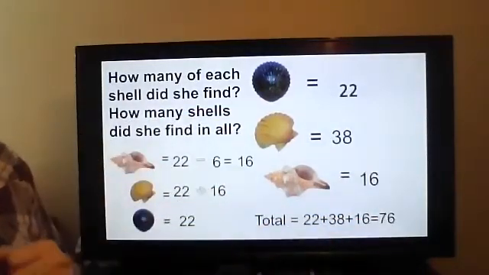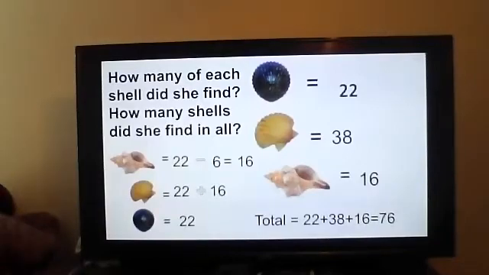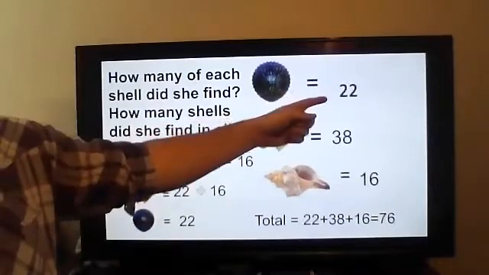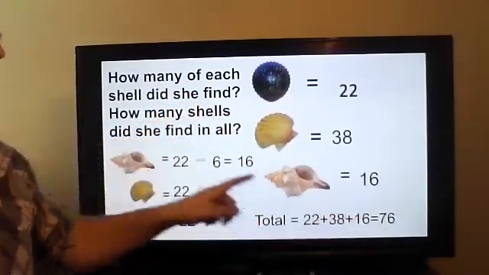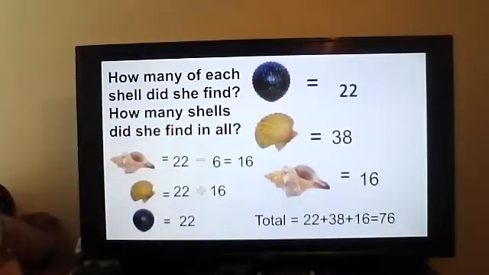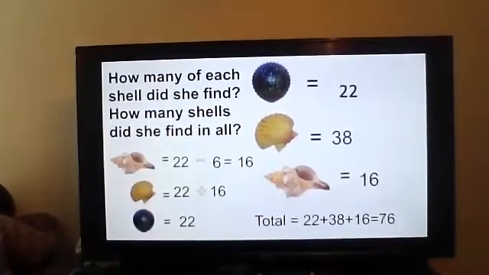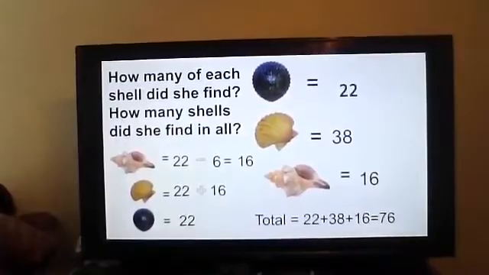So Kim found 76 seashells altogether. Okay, so these are the answers for our first question. And this is the answer for our second question. Awesome. I hope y'all are doing well so far, and I hope you're keeping up.